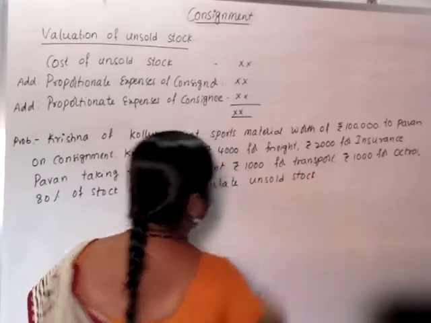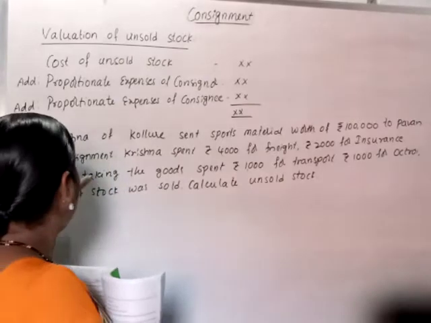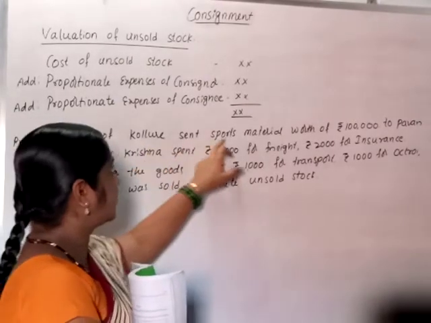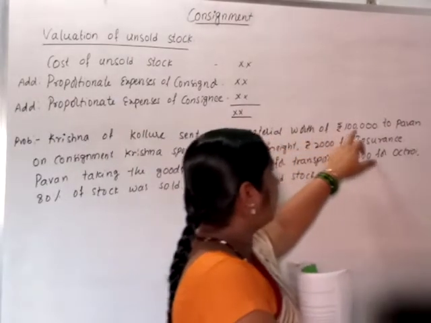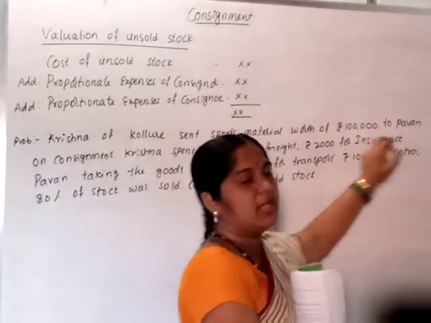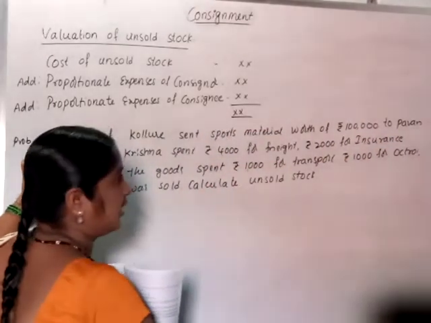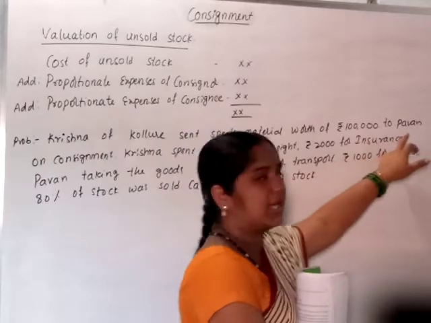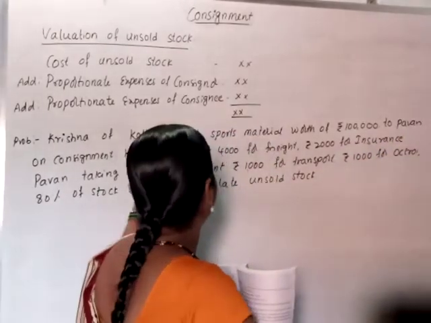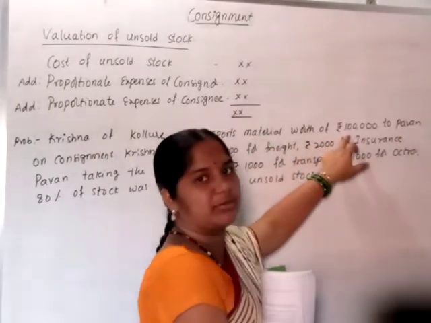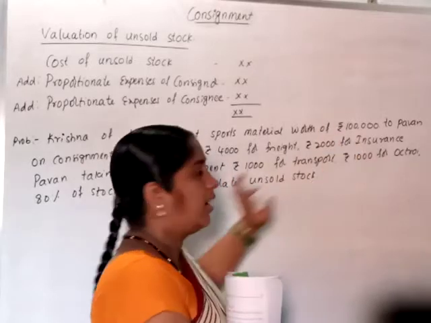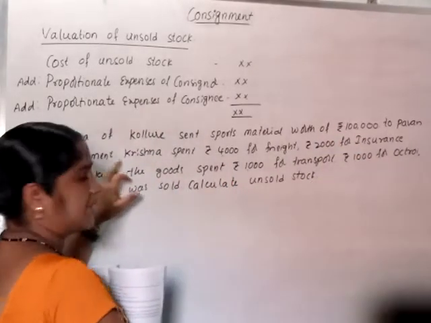Krishna of Kollur sent sports material worth 1 lakh rupees to Pavan. So here Krishna is the consignor and Pavan is the consignee. He is sending 1 lakh worth of sports material on consignment basis.